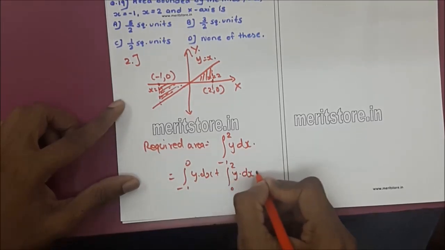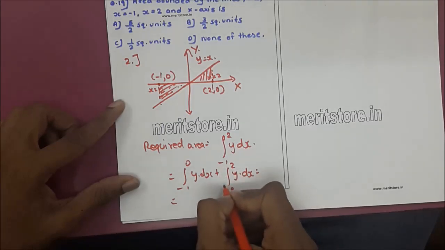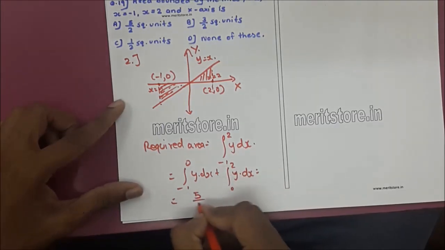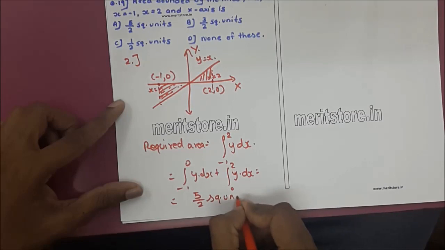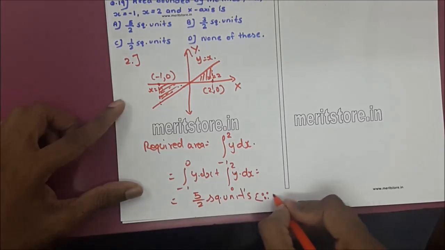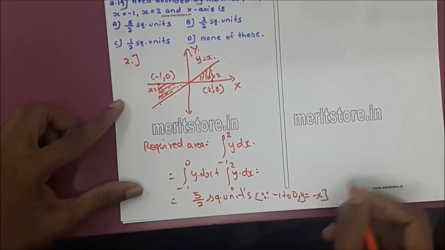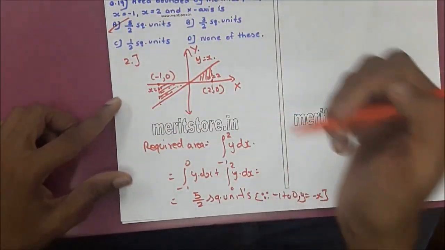We integrate this part and substitute the value of the limits, and we get the value, that is 5 by 2 square units, since from minus 1 to 0, y is equal to minus x, so option A is the correct answer.